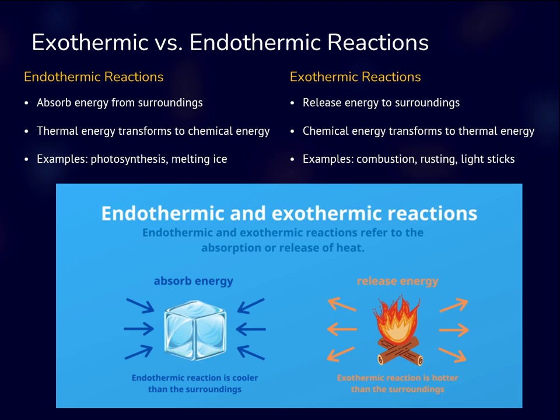Also, melting ice, in which the water is absorbing heat in order to change state. And then our other example for this video, traditional ice cream making, in which energy is absorbed from the cream into the salt-ice mixture in order to freeze it. These reactions show how energy can flow into or out of systems depending on what kind of transformation is occurring.